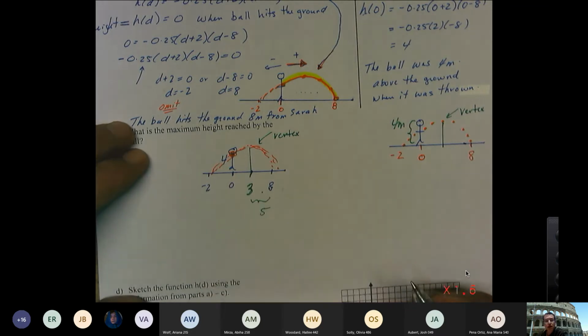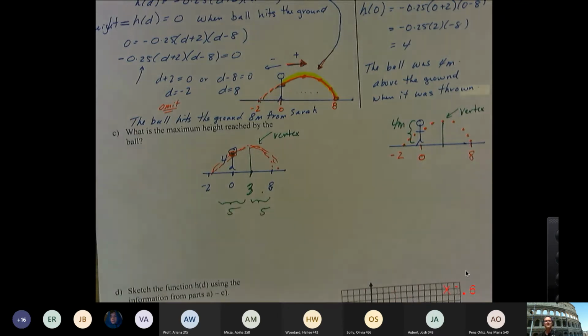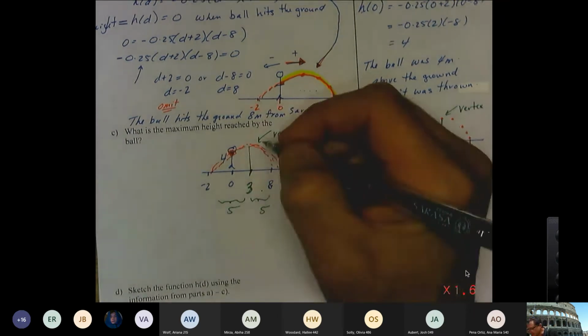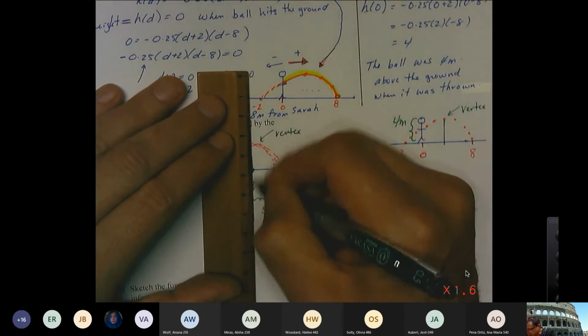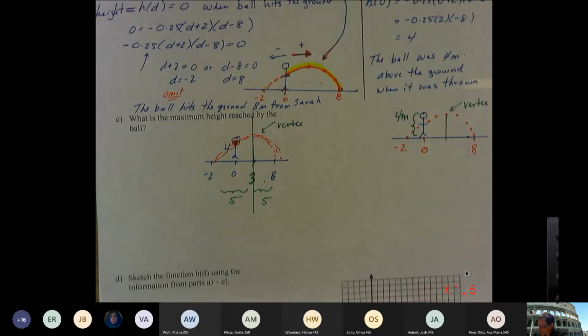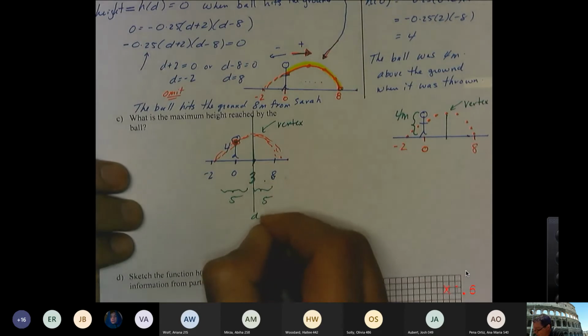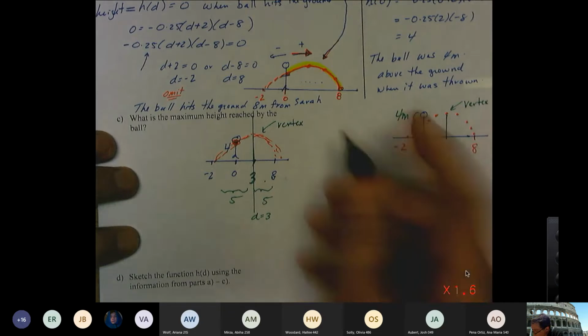That's going to be a distance of 5 units, and that's going to be a distance of 5 units. So 3 is where the axis of symmetry is, because it's directly in between the two x-intercepts. That's the axis of symmetry, and it's at x equals 3. Or in this case, d equals 3. So we know that the vertex lies at d equals 3.